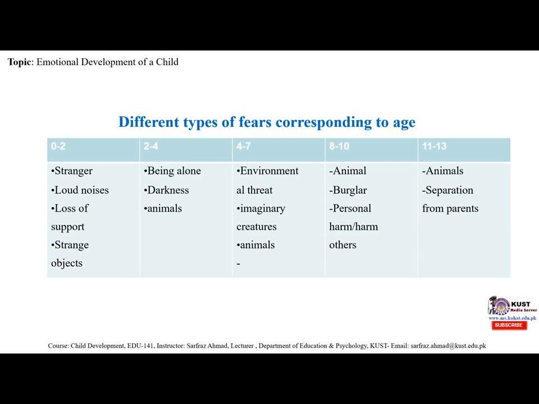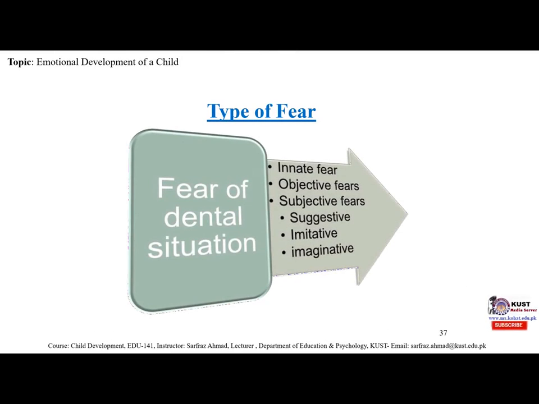Then in 2 to 4 years, being alone, darkness, and animals, and at 4 to 7 years, environmental threats, imaginary creatures, and animals. At 8 to 10 years, animals, burglars, and personal harm or harm to others, and at 11 to 13 there are fears of animals, separation from parents, etc. Then the types of fear of the dental situation are innate fear, objective fear, subjective fear, suggestive, imitative, imaginative, etc. These are the fears.